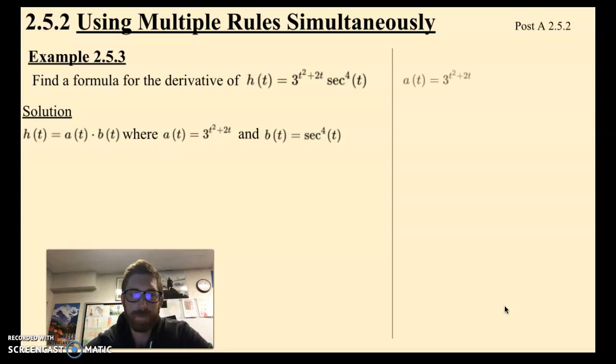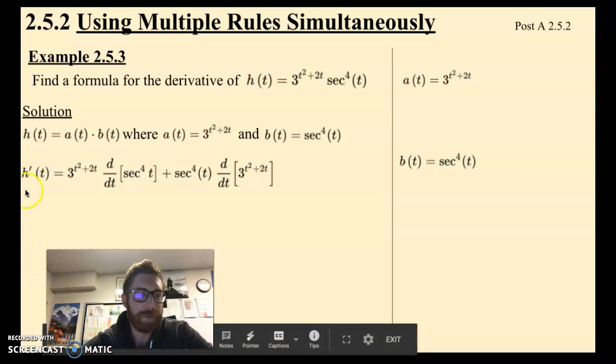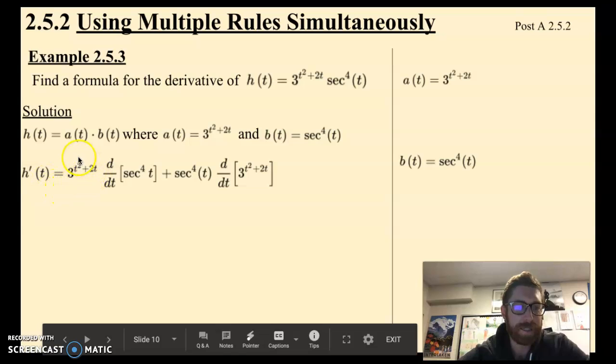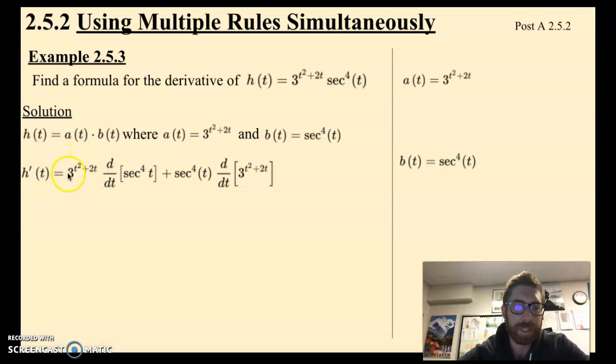Now, remember, a of t equals that, b of t equals that. We can rewrite, this is crazy, let me move my picture. We can rewrite h prime of t as the first function times the derivative of the second plus the second function times the derivative of the first.